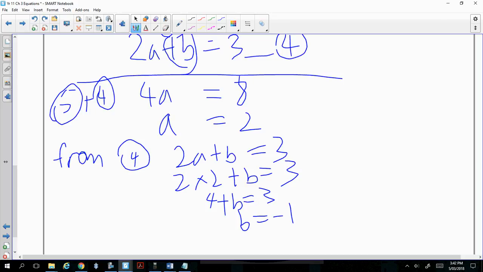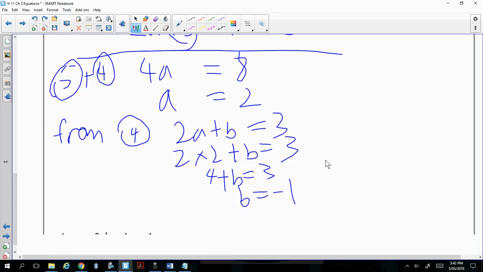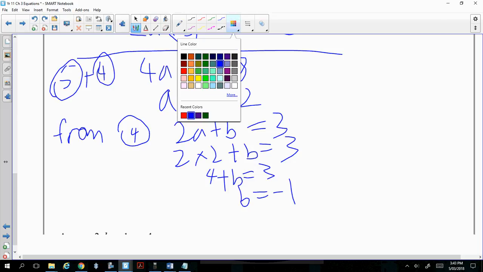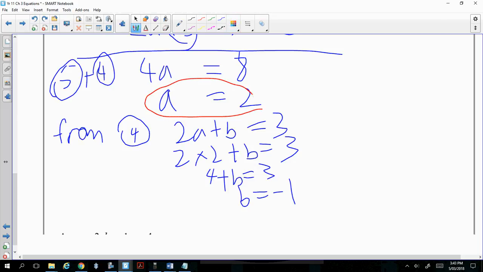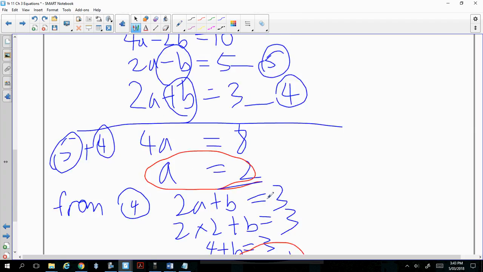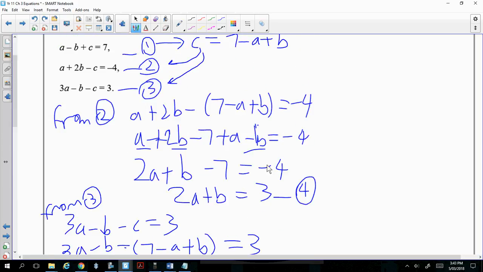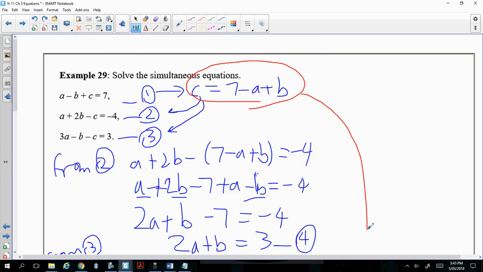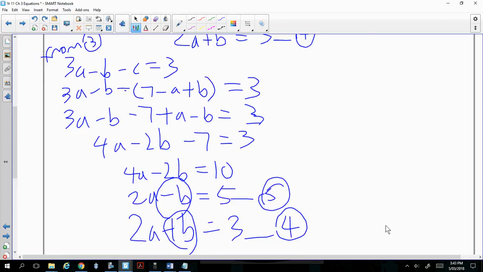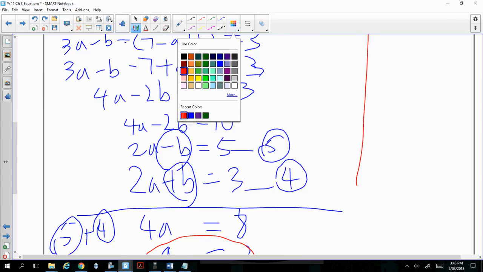So we got a, we got b. How do we get c? We sub it back into the first one where c was the subject. So I'm going to pull it down. c was equal to 7 minus a plus b, isn't it?